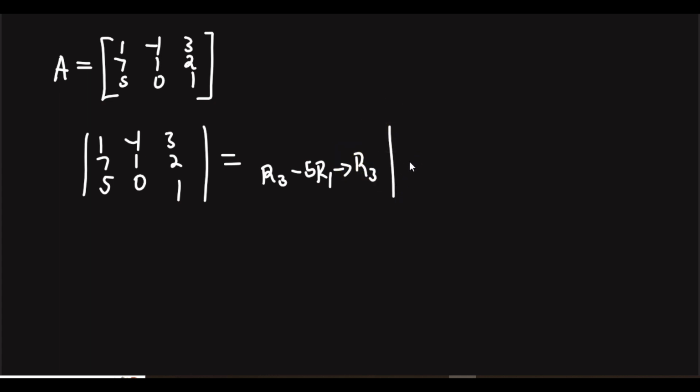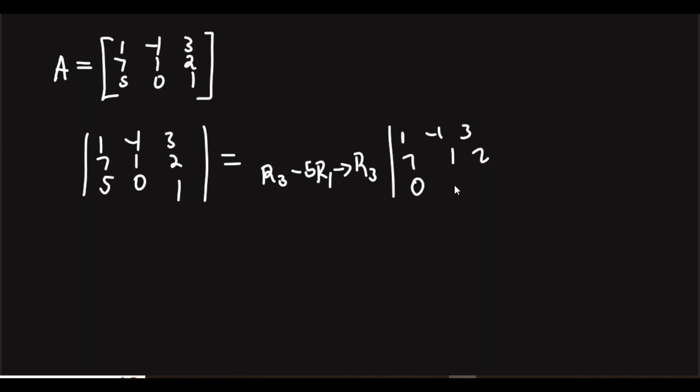This one remains as it is: 1 negative 1 and then 3 7 1 2. And here, because 5 minus 5 times 1 is 0, so 0 minus 5 times negative 1, that minus minus gives us a positive.